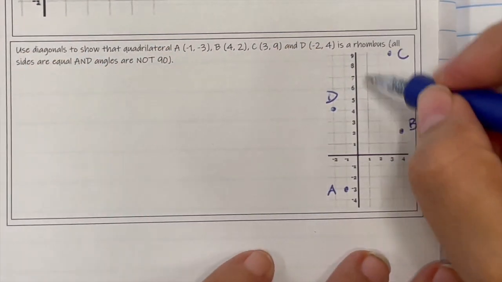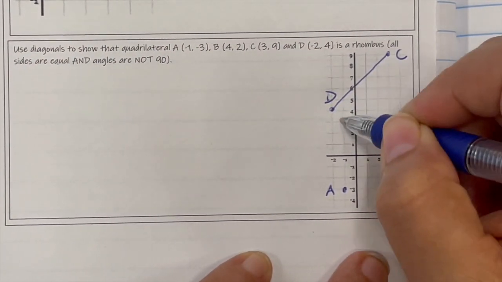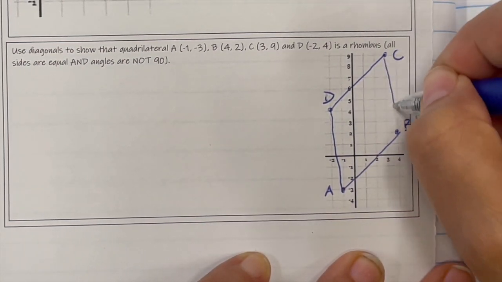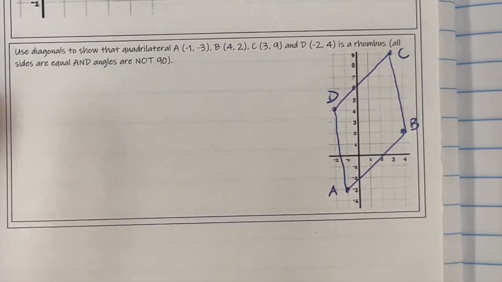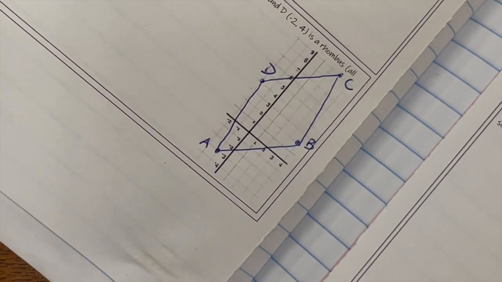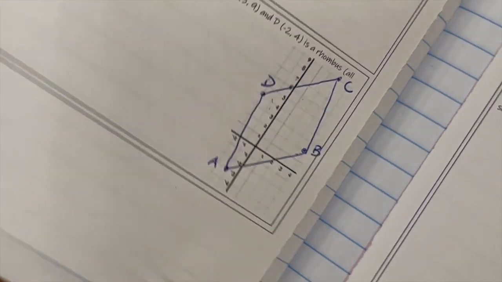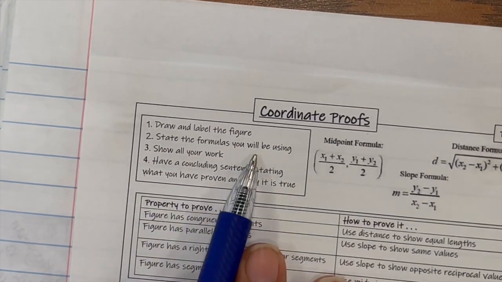All right, so again, remember what I said, a rhombus is a slanted square. So it should have all the same distances, just slanted. So if you look at this, see that? It looks kind of like a square, but it's slanted because the angles are not 90 degrees. All right, so you've drawn the figure, so now you're going to state the formulas that you're using.